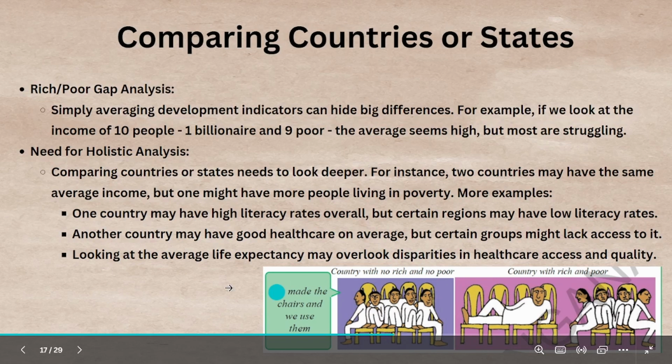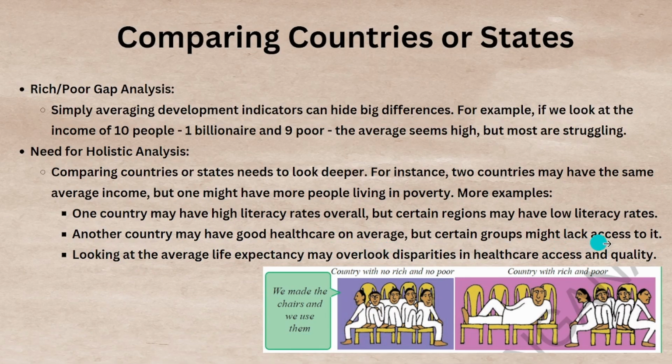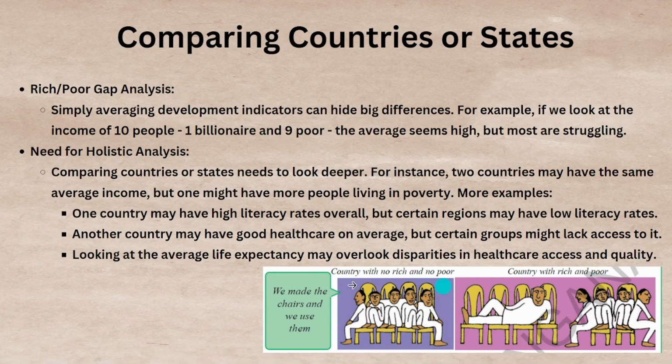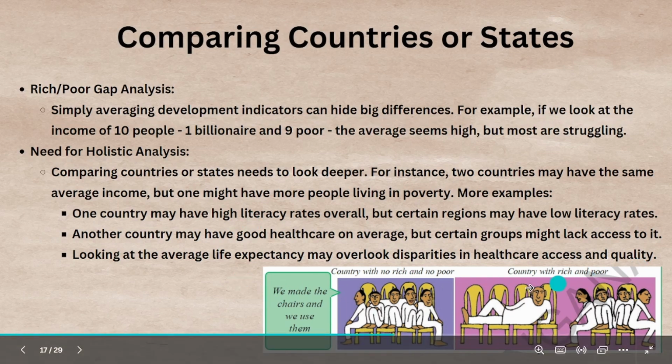Another country may have good healthcare on average, but certain groups may lack access to it. Looking at average life expectancy may overlook disparities in healthcare access and quality. Same point for every case. You take the average of this data, that is, 6 chairs are given to 5 people, but the reality is 4 chairs are taken by one person and 2 chairs are given to 4 people. So this is how the average works.